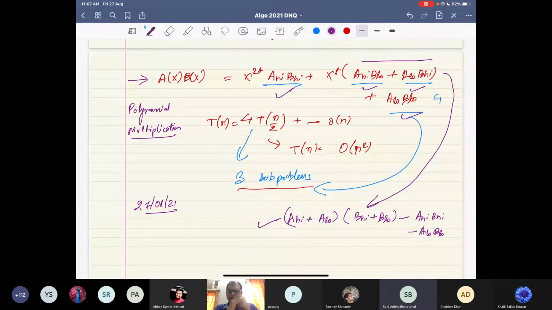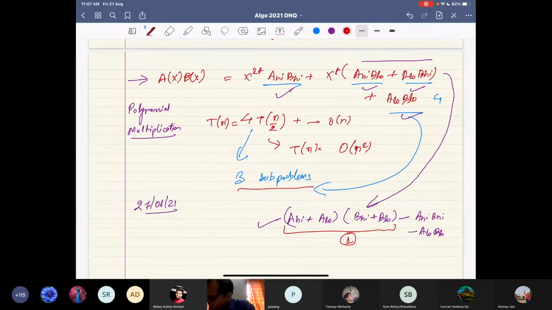How does that help? Sir, instead of two multiplications, you are doing 3 multiplications. Sir, we are already calculating AHI BHI and ALO BLO. Right. So let's see how many multiplications you are finally doing. This is 1.